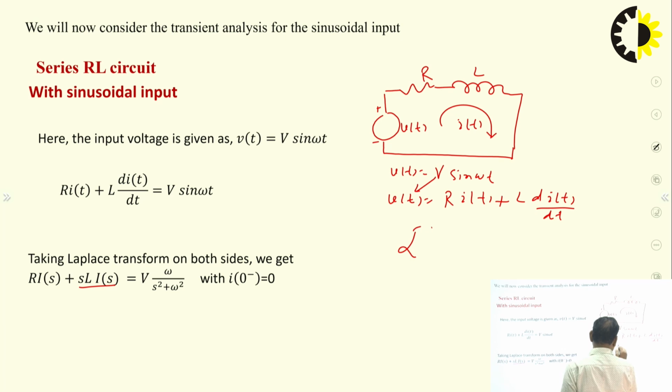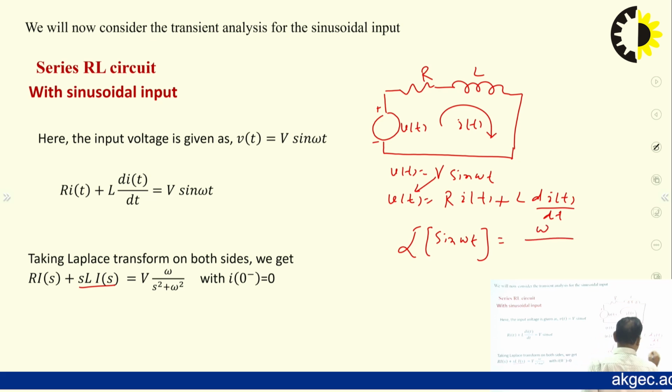We know that the Laplace transform of sin omega t is omega upon s square plus omega square, and the Laplace transform of cos omega t is s upon s square plus omega square.